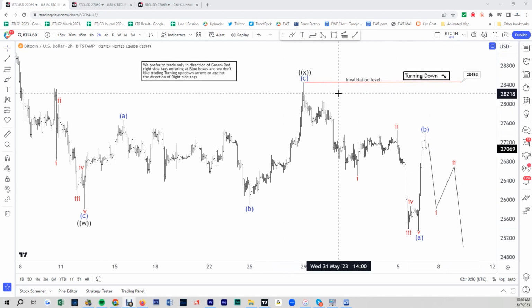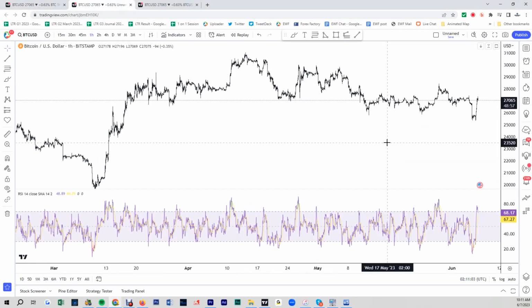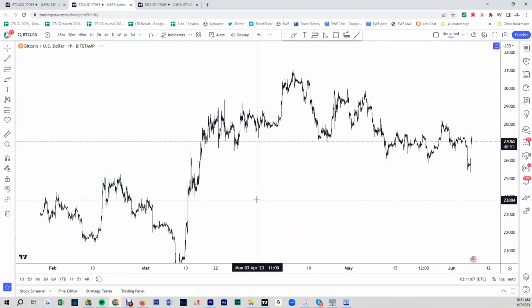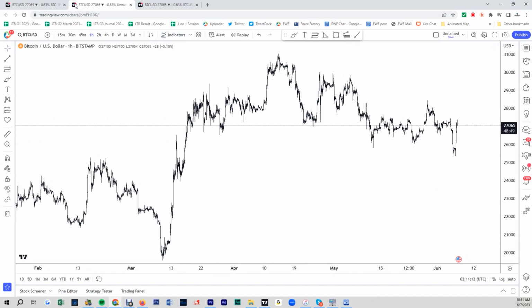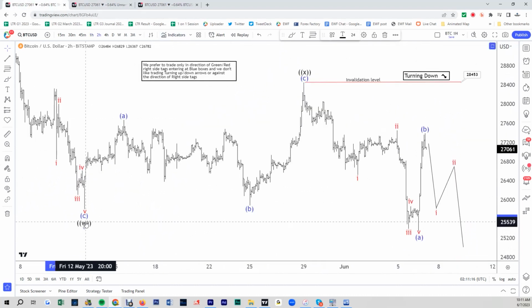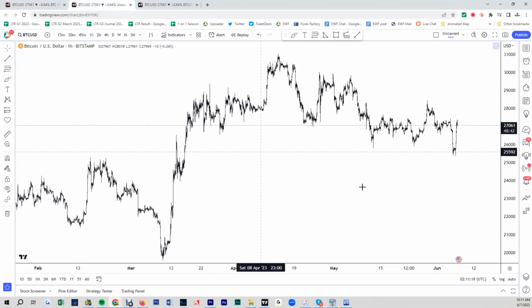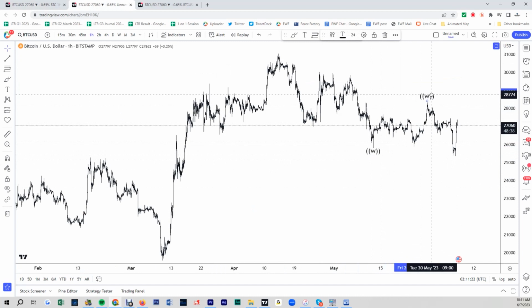All right, so if we go to the 4-hour time frame now, so this is actually the 1 hour, right? But I just zoom out a little bit here. So we can see right now that if I copy the WX in the zoom out chart here, this is the W and this is the X here, right?